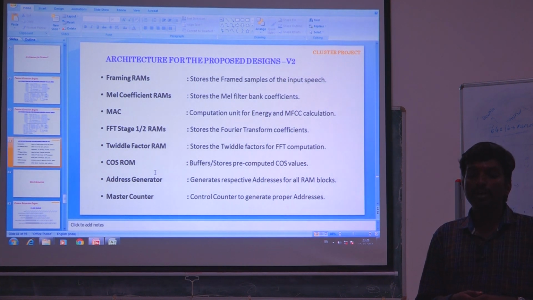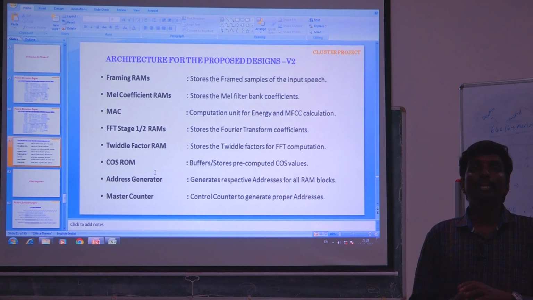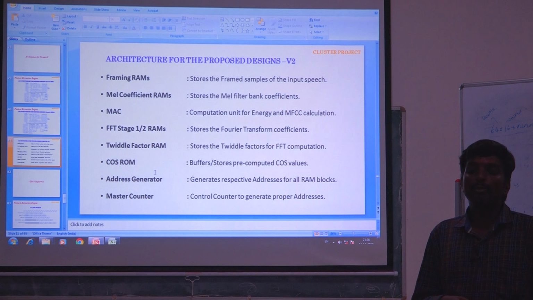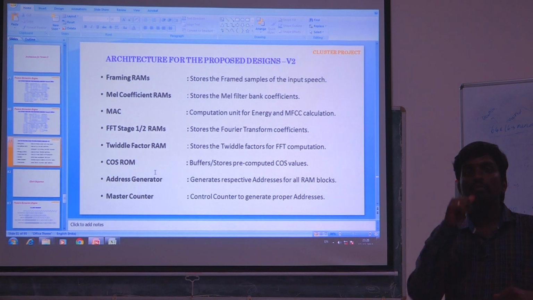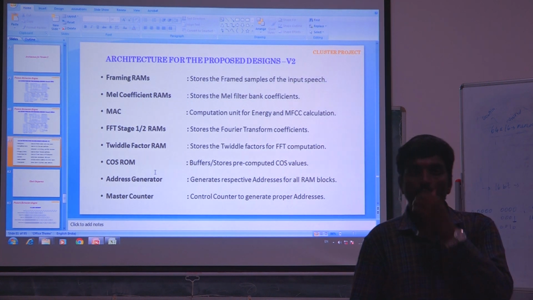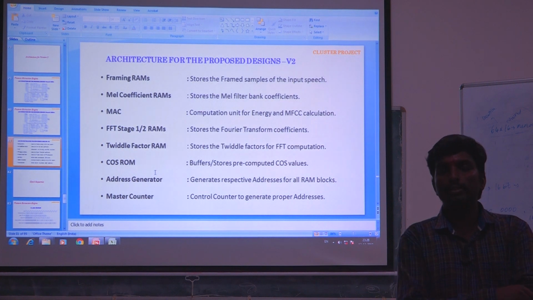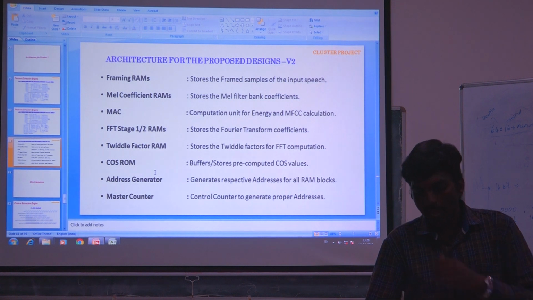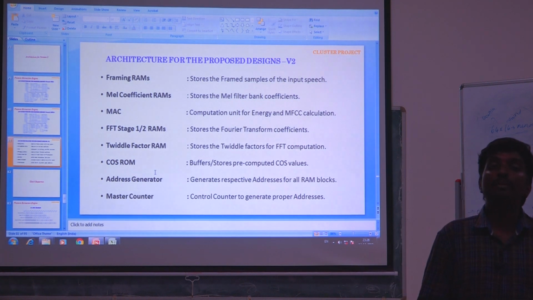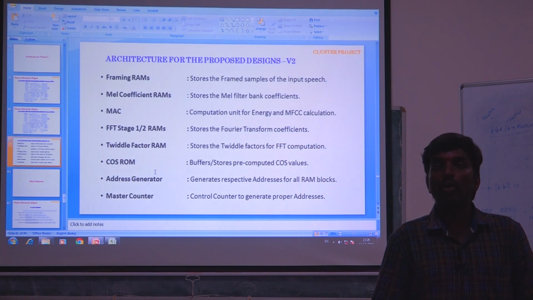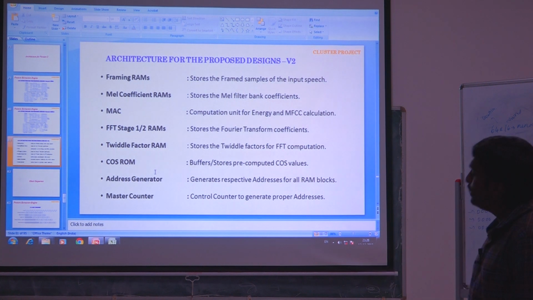The FFT stage 1 and stage 2 RAMs are to store the FFT coefficients from 1-dimensional to 2-dimensional. The twiddle factor RAMs are the intermediate RAMs used to compute the FFT butterfly. The cos RAM is for the inverse cosine transform for the MEL cepstral vector. Then the address generator, which is the master control unit or master counter, generates all the address lines and all the enable and disable lines.